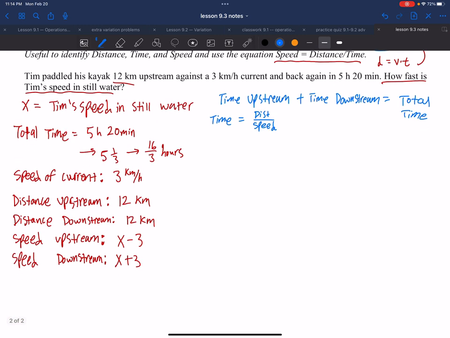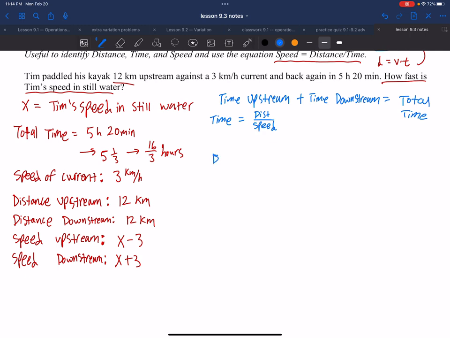So his time upstream is going to be his distance upstream divided by his speed upstream, right? So really, if you want to rewrite all of this, you don't have to do this, but I just want to lay this out for you.